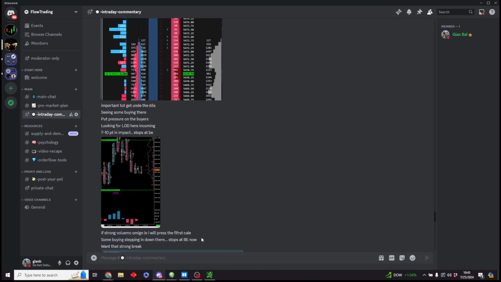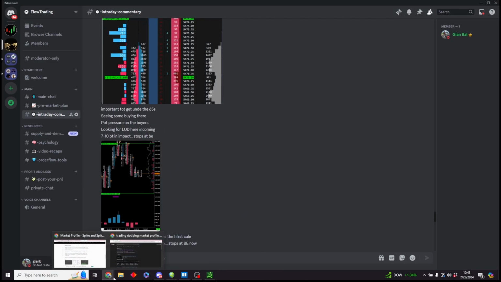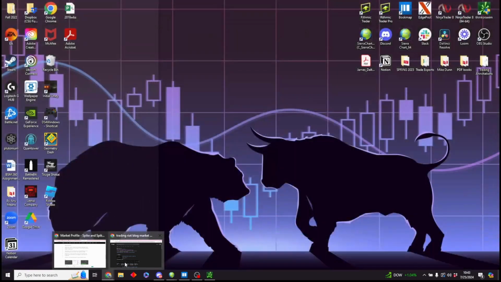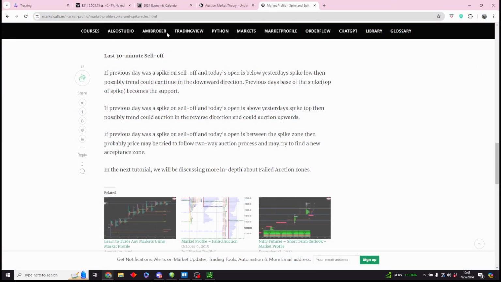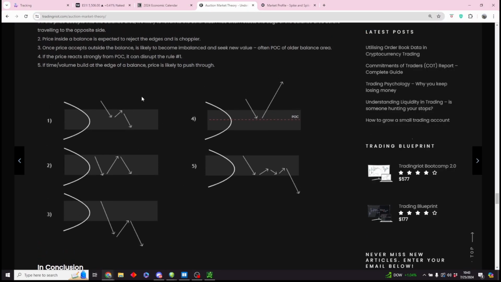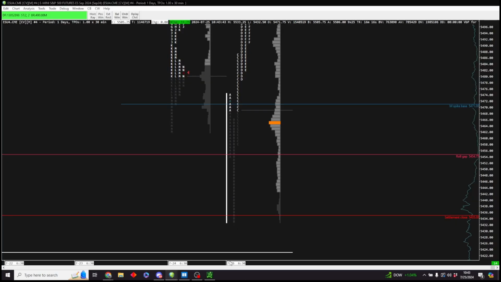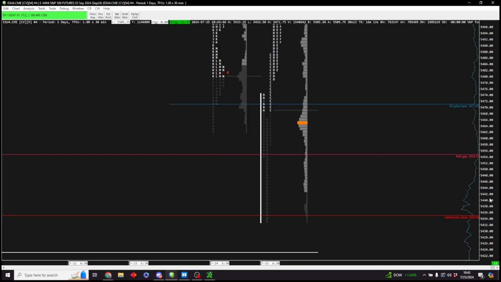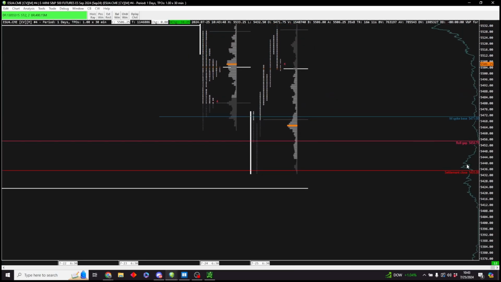And it's just solely based off of using the simple auction market theory rules. And rule number 4 actually triggered here. Just to go over it really quick. Look at this.